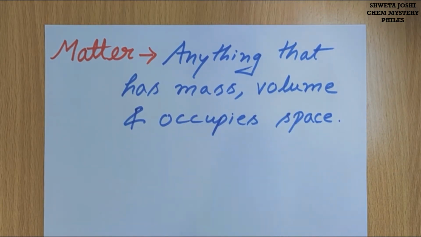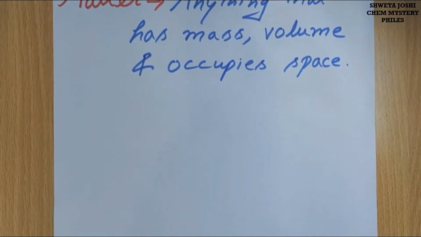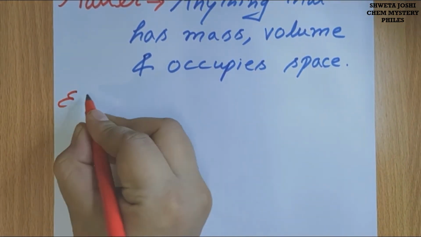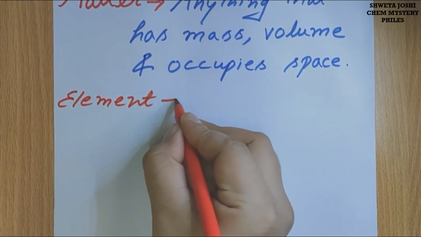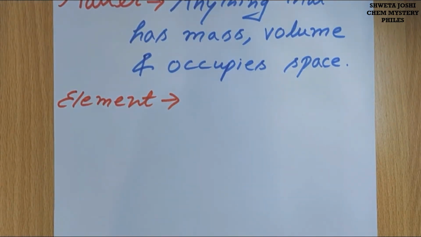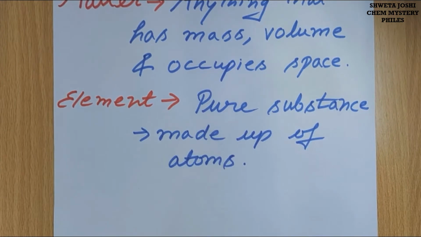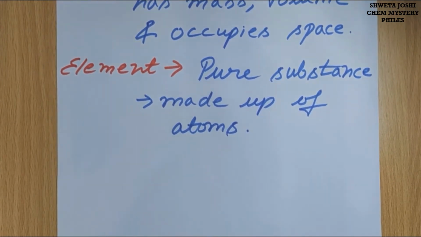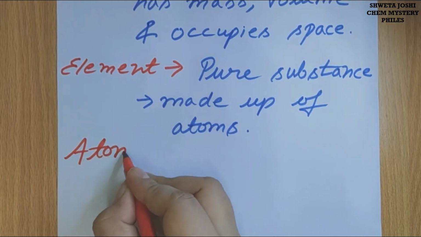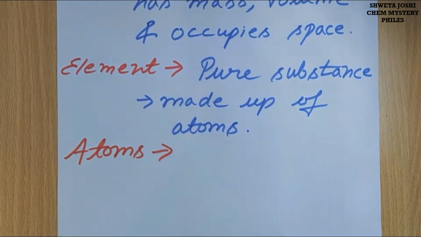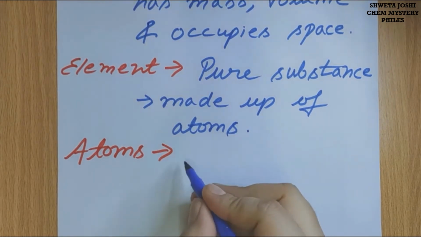Now next is element. Element is what? Elements are the pure substances which are made up of atoms. And what are atoms? Atoms are the basic unit of the elements.